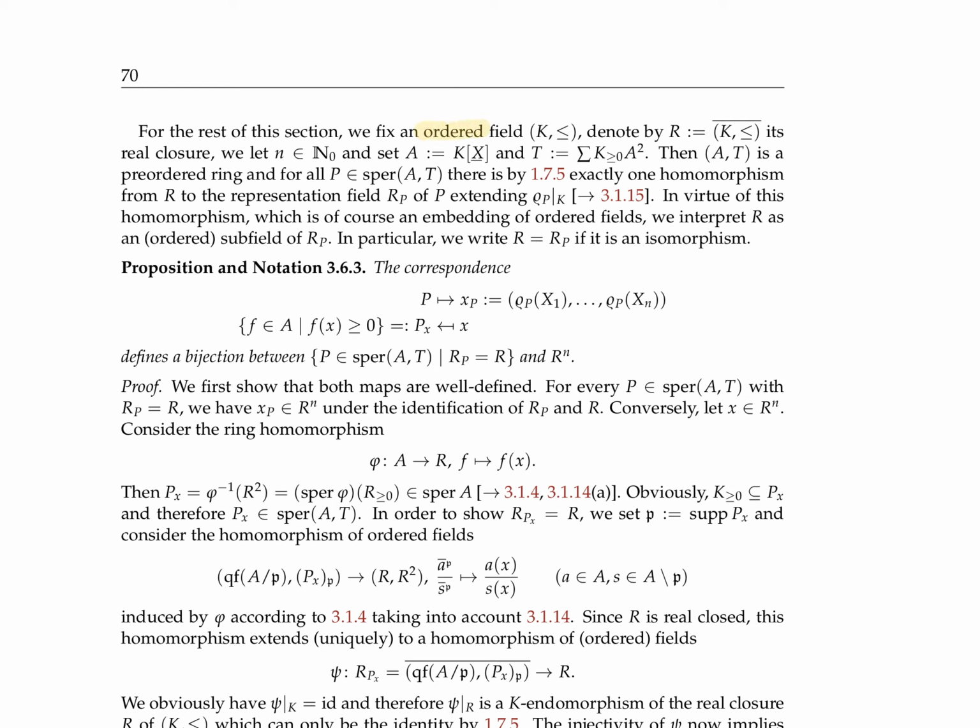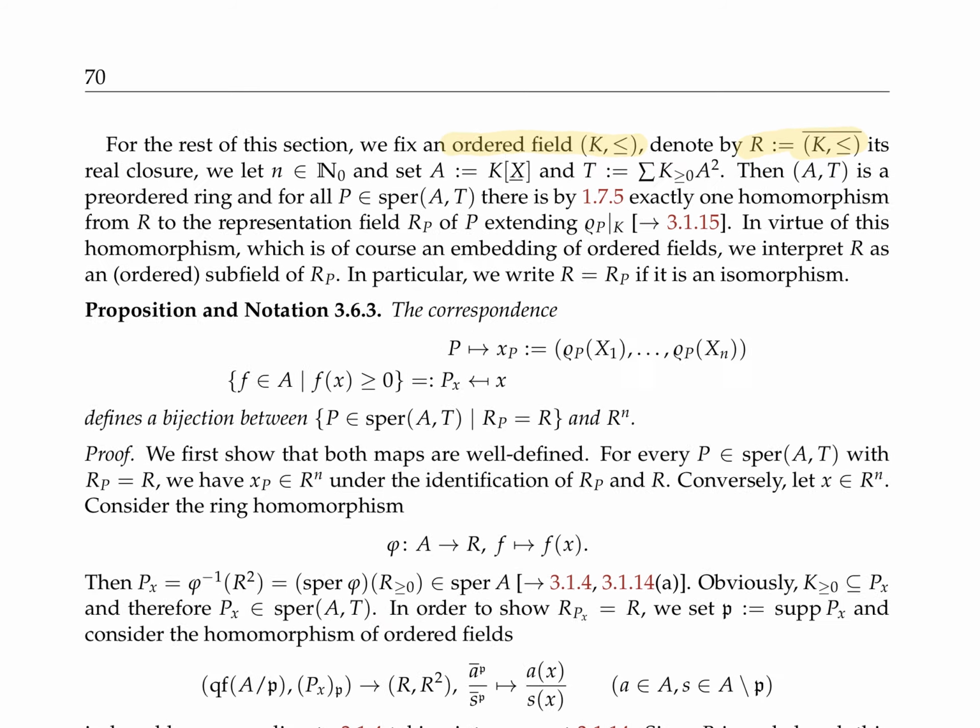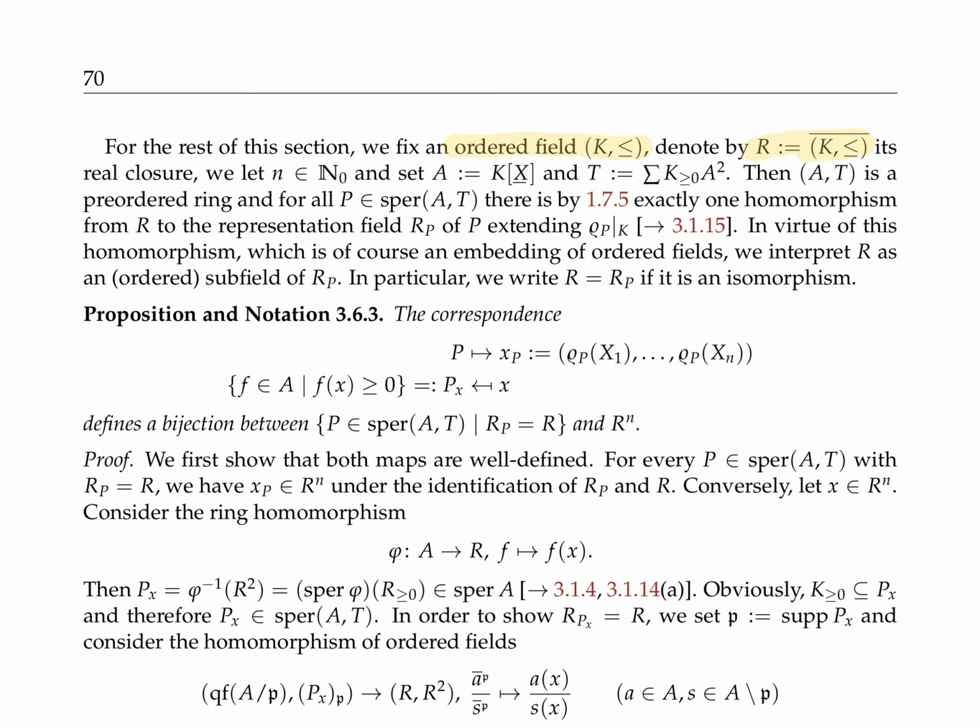So we started with an ordered field K together with less than or equal, and then we looked at its real closure R, and we took n variables x1 up to xn, and A was the polynomial ring over K in these n variables.